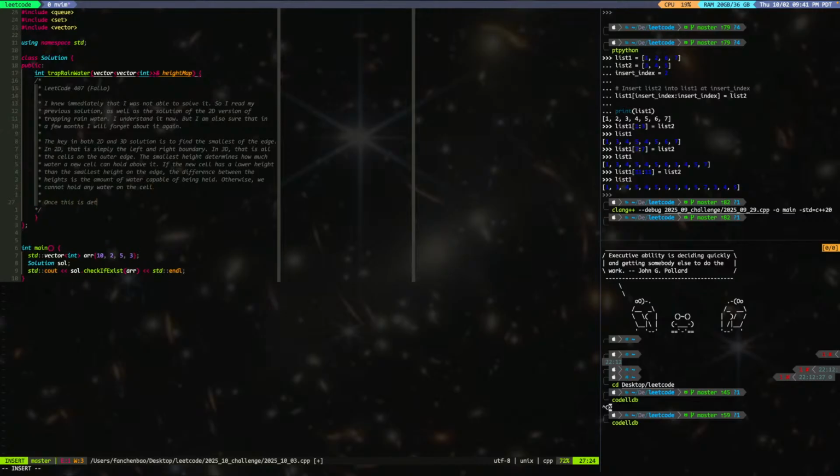Once this is determined, we need to put the new cell in consideration as part of the edge, while popping the previous smallest cell. Yeah, because we are always moving inward, right? Always moving inward.